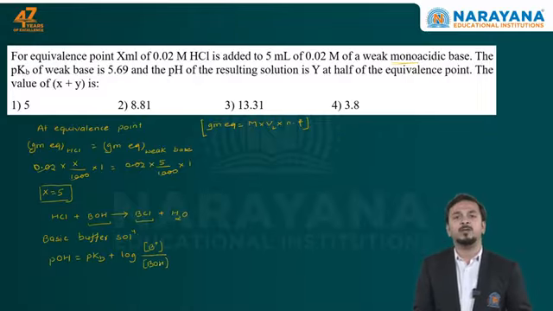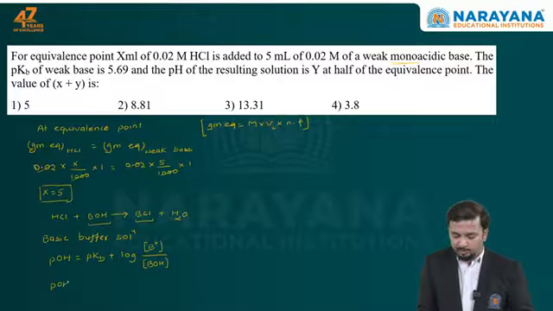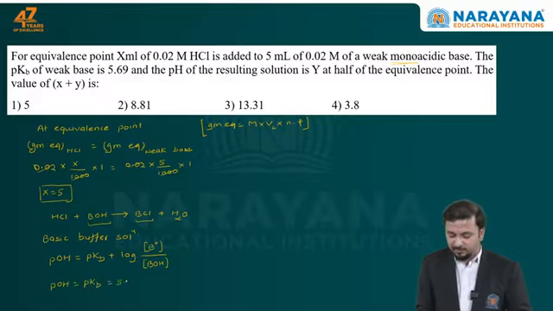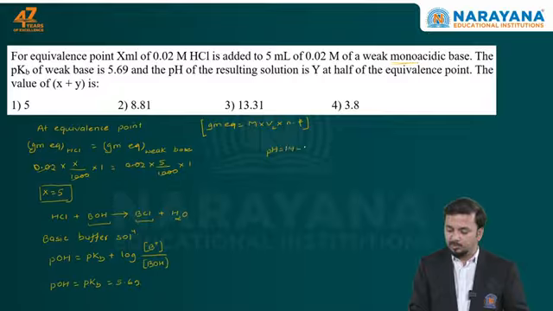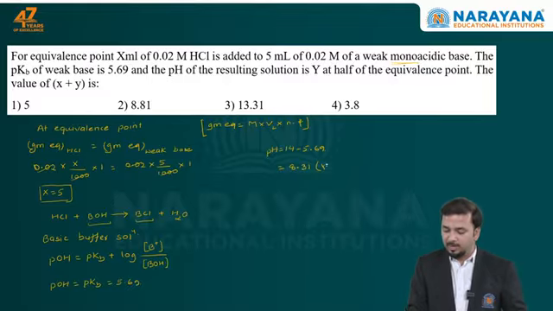At half equivalence point, the concentrations of B+ and BOH are the same, so pOH will be equal to pKb, which is given as 5.69. If pOH is 5.69, then pH will be 14 minus 5.69, which is 8.31. So this will be the value of Y.